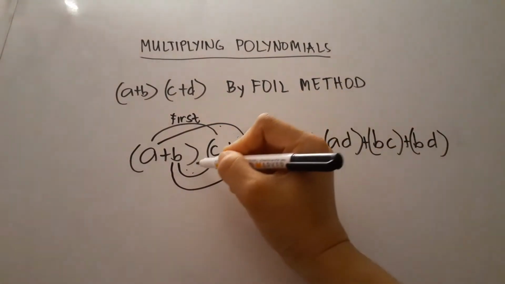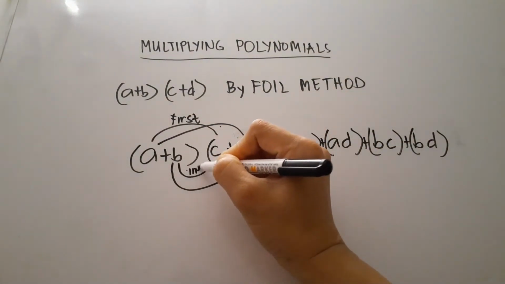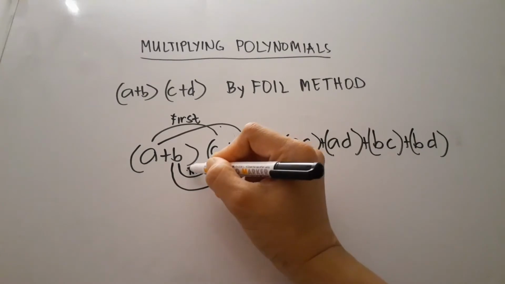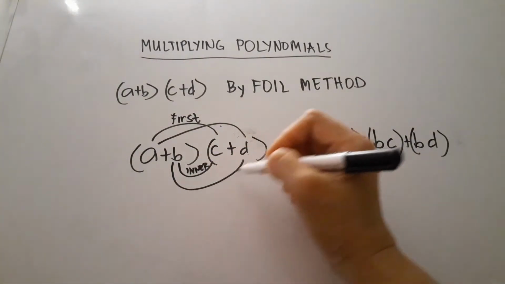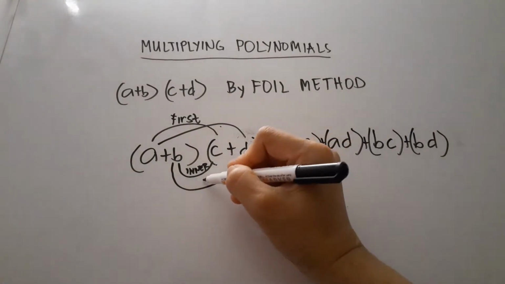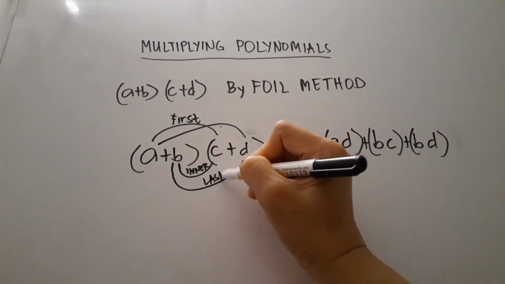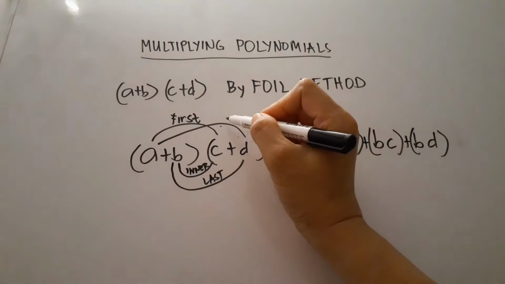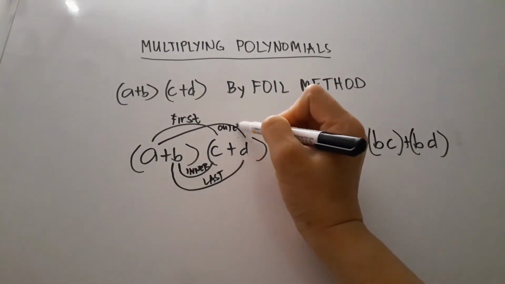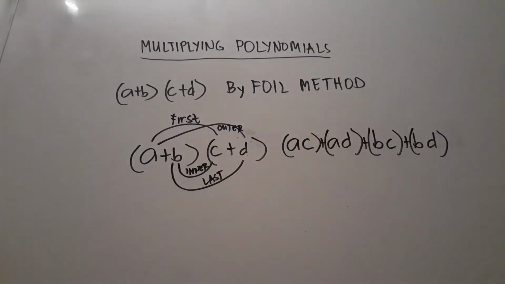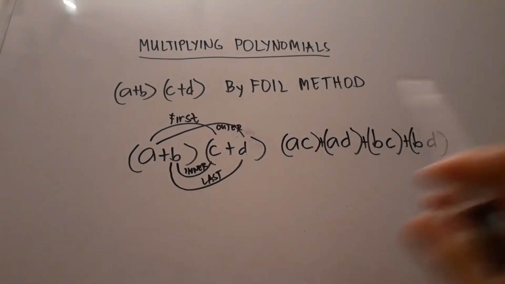In these illustrations, we can see that b times c is the inner, b times d is the last, and a times d is the outer.